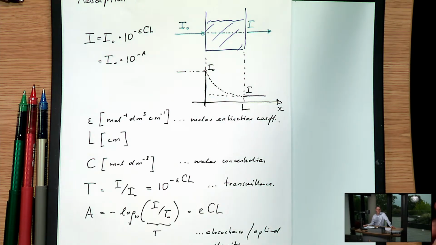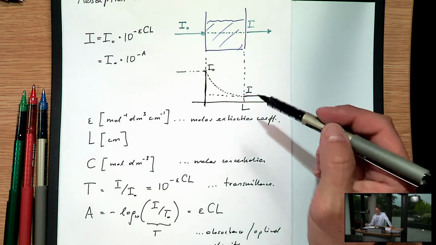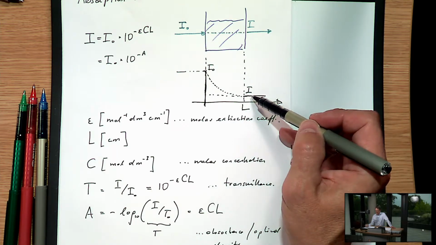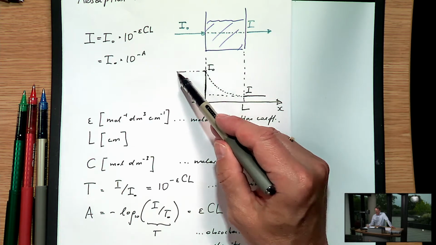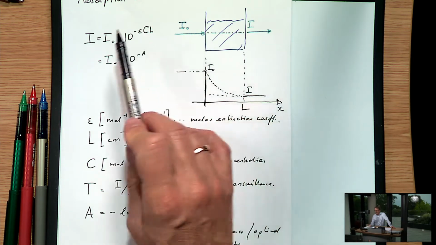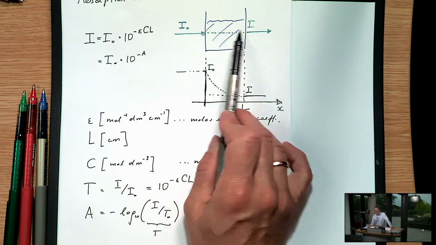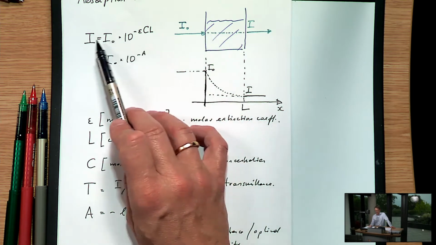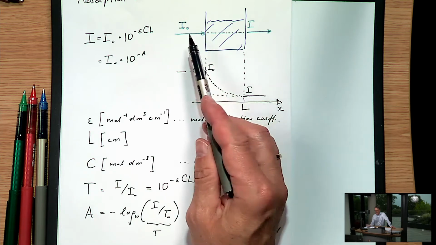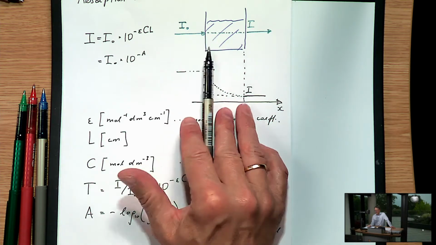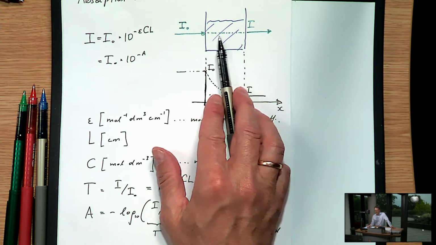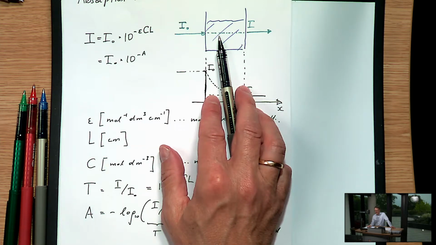But there is a big problem, and the big problem is that you're comparing a bright signal. If there's nothing in there, then I is equal to I naught. So what goes in comes out if there's no absorption. So it's exactly the same intensity. Now, what is the minimum amount you can actually detect?